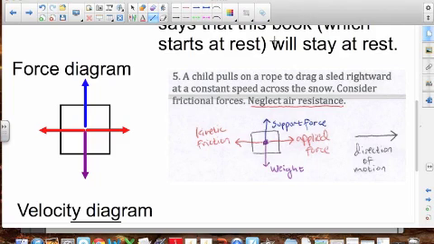Now here's something else that I hope you notice at this point, after we've gotten a chance to study some more physics since the last time you saw this. This sled is moving at a constant speed, and you can also assume that it's traveling in a straight line, not going in circles or anything.